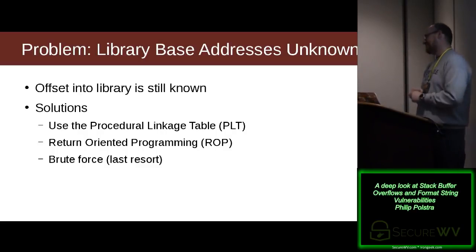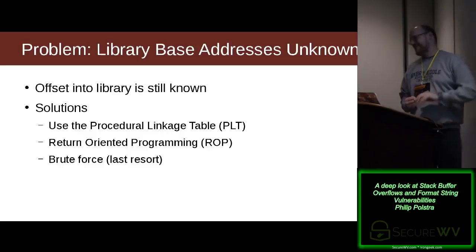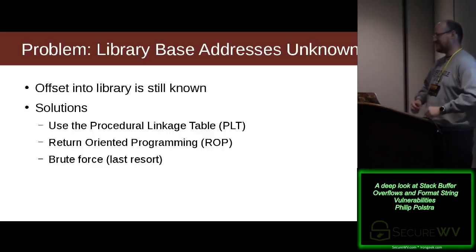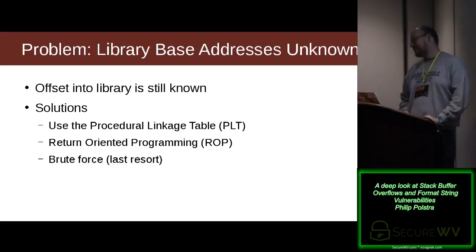So instead of calling strcpy directly, it creates this table in memory, and then when it loads everything in memory, it says, let me fix this up for you. Let me say, for this version of this program that ran right now, this is where I can find strcpy.